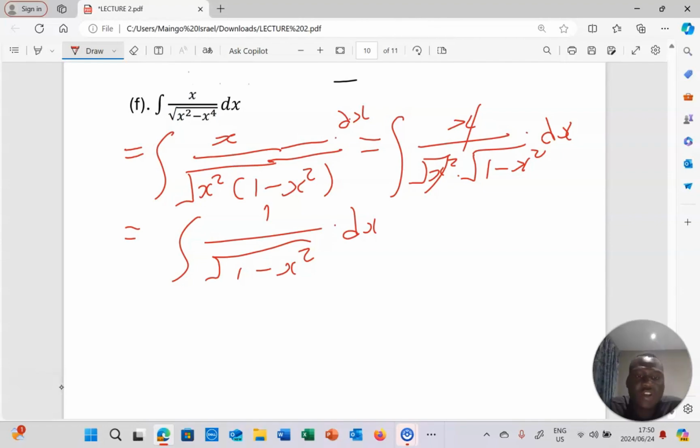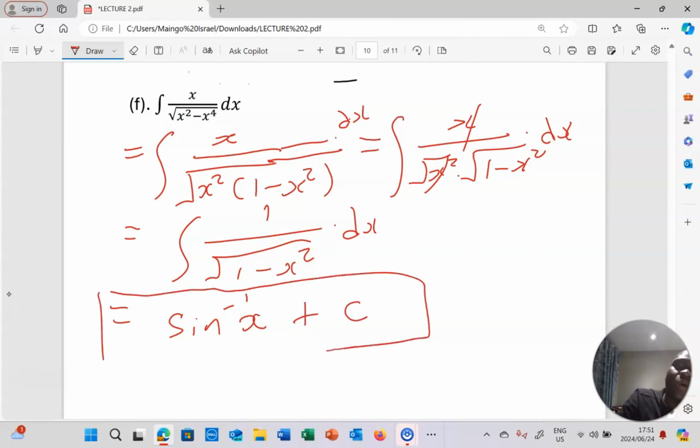So which law are we talking about here? What do we differentiate to get this? We differentiate inverse sine of x plus a constant. If you still remember from that table, this is how we approach this kind of question.